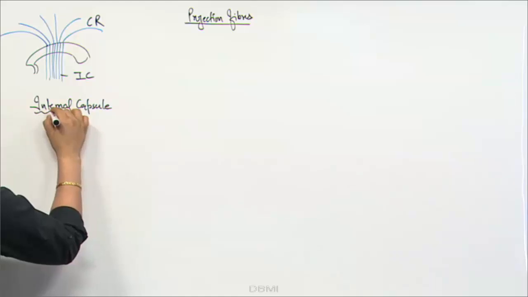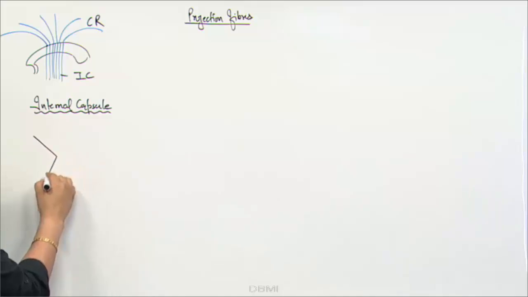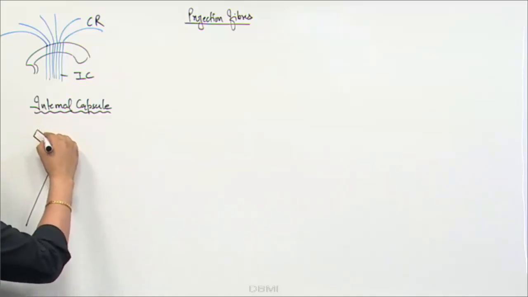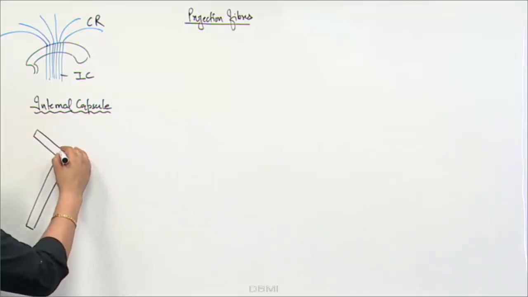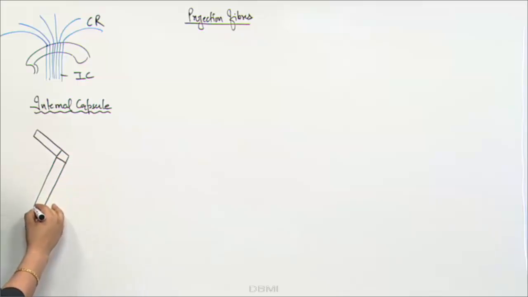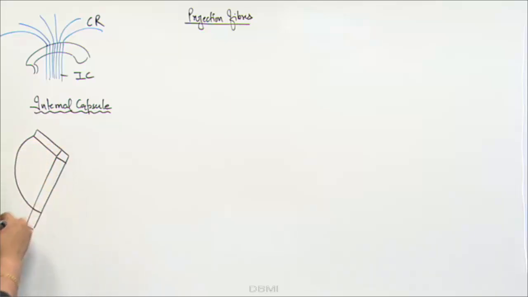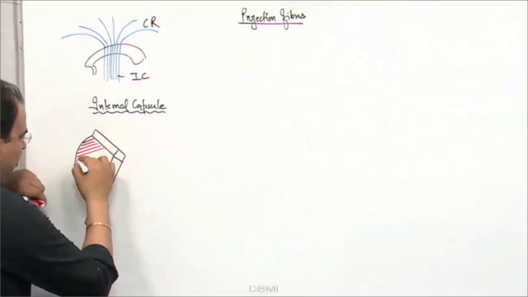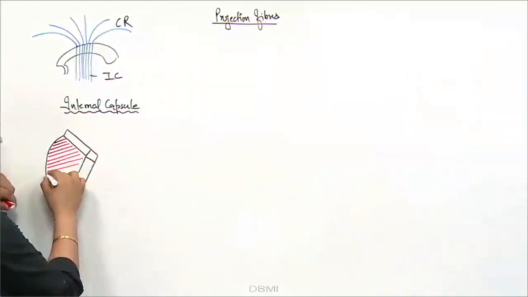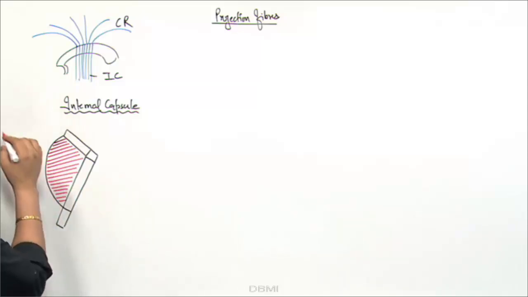First let us see what are the parts of internal capsule. The parts of internal capsule are, we have anterior limb, genu, posterior limb. See, we have a nucleus here that is called lentiform nucleus. On the lateral side there is a nucleus that is called lentiform nucleus. So this nucleus here is referred to as the lentiform nucleus. Lens shaped nucleus called lentiform.